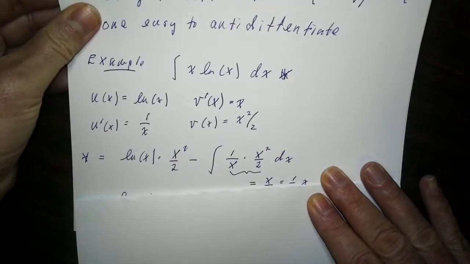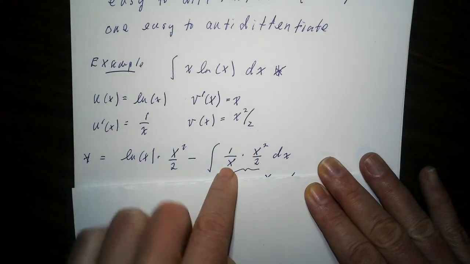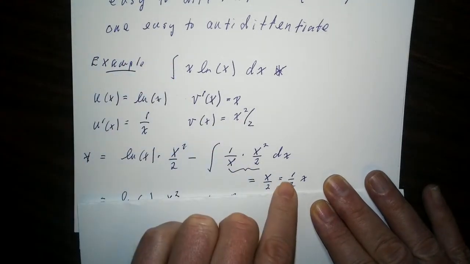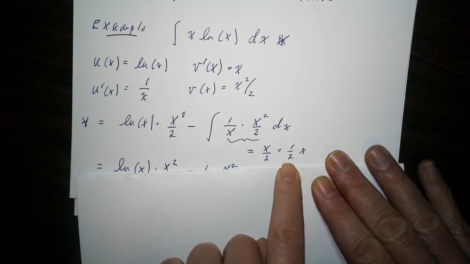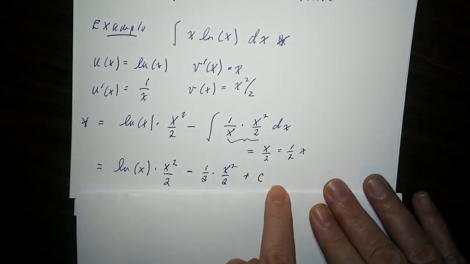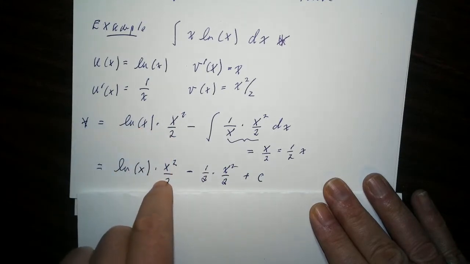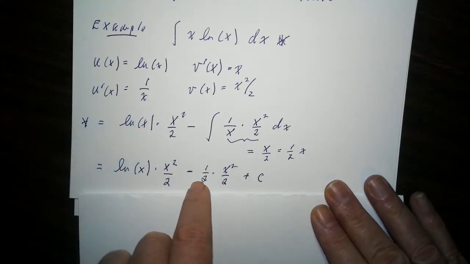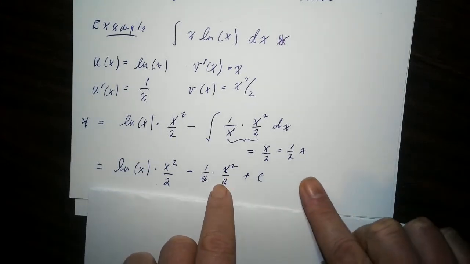Now, for that second integral, let's see if we can simplify it. This is just x over 2, or 1/2 x, and we can easily anti-differentiate that. So our final answer would be the natural log of x times x squared over 2 minus 1/2 times x squared over 2.